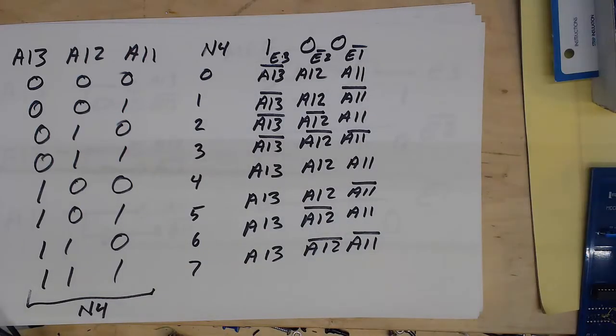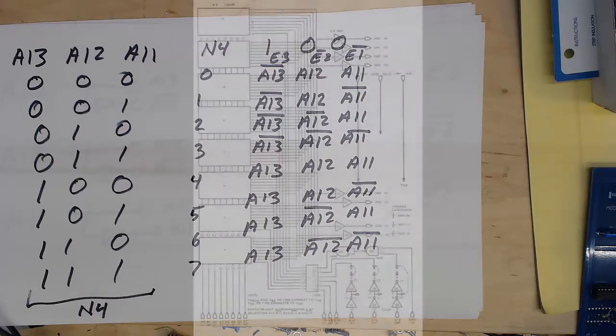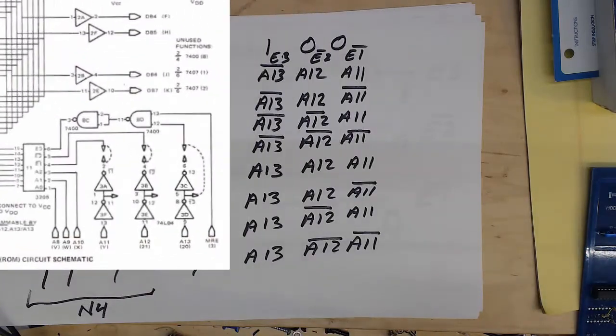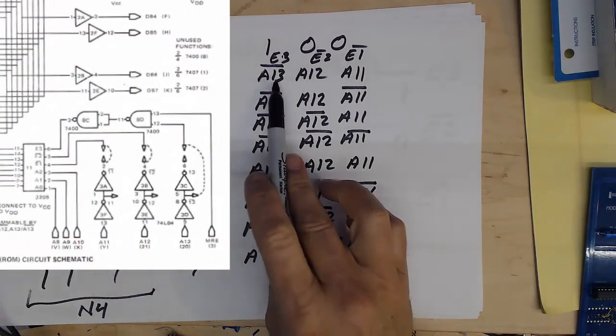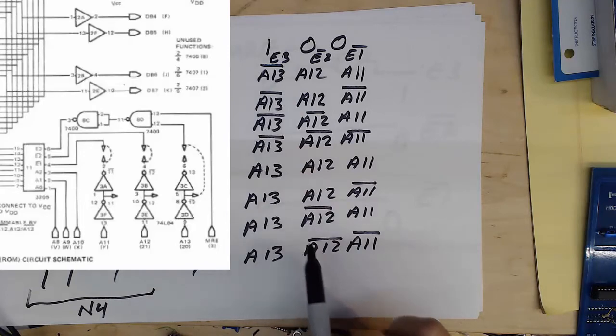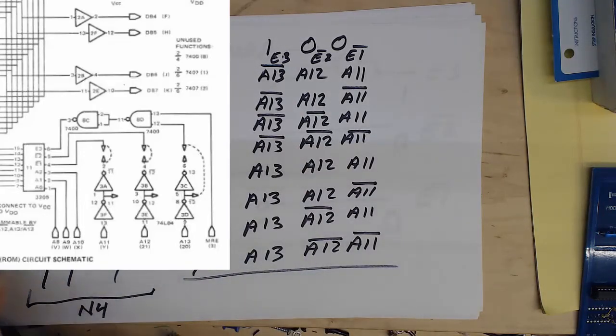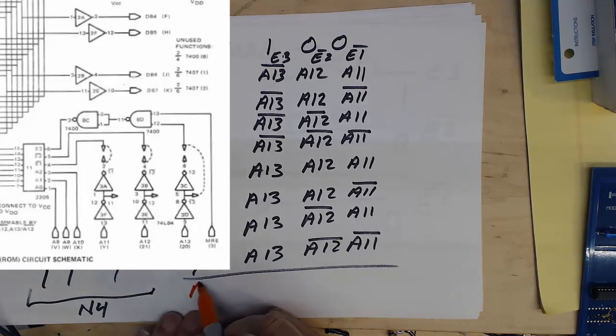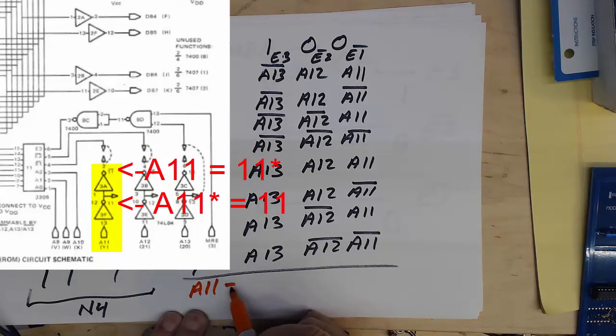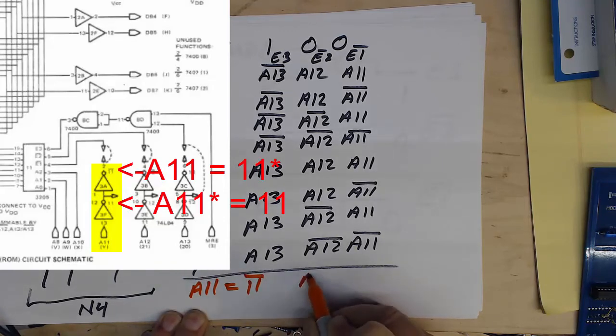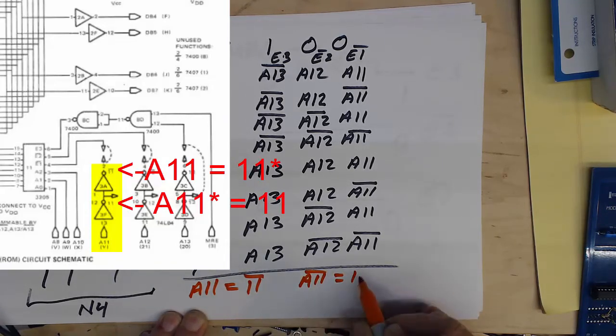And that is on their schematics, instead of calling these A13 or A13 bar or whatever, they have called them as follows. They say A11 is equal to 11 bar, and so that means that A11 bar is equal to 11.